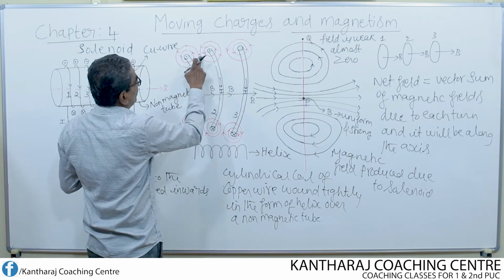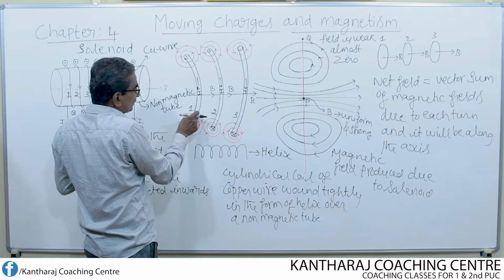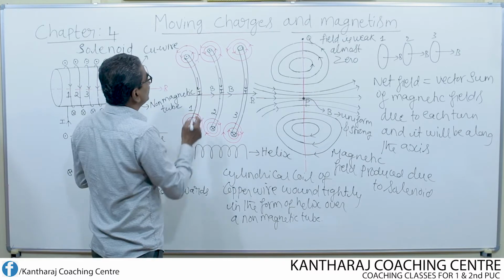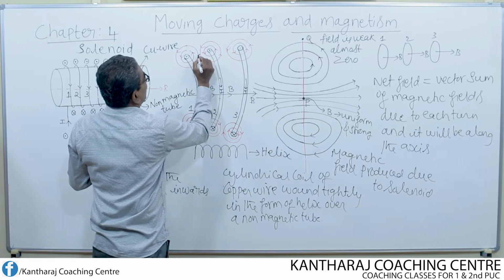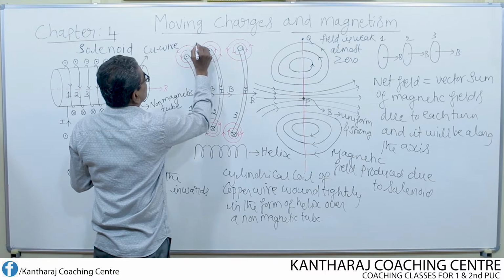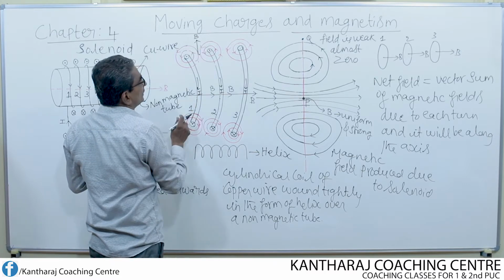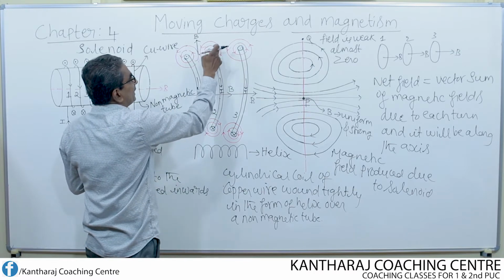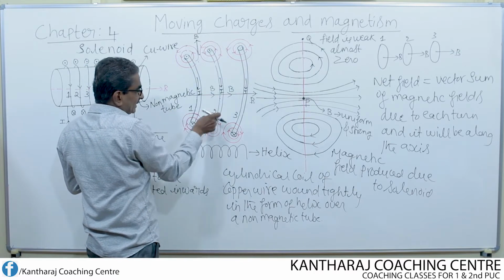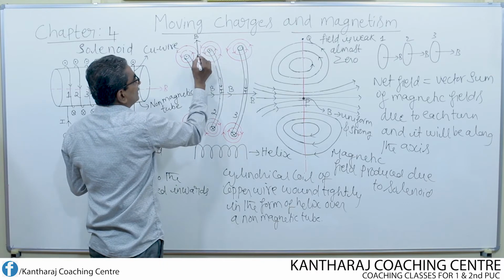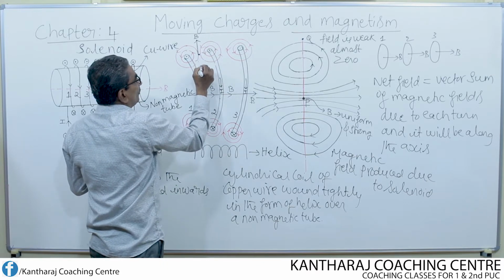With respect to this point and with respect to the first turn, what will be the direction of the magnetic field? At this point I draw one tangent. The tangent drawn gives the direction of the magnetic field. Then at the same point, with respect to the second turn, now draw one tangent.